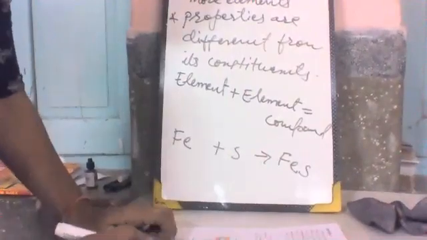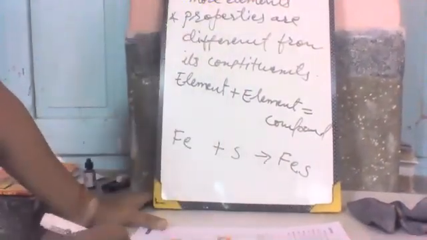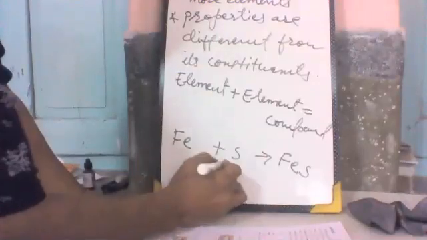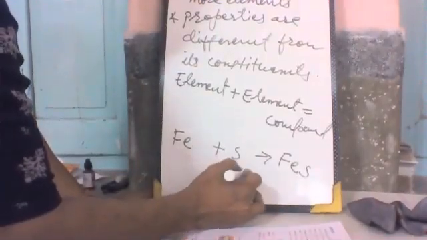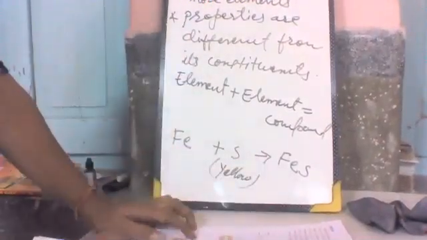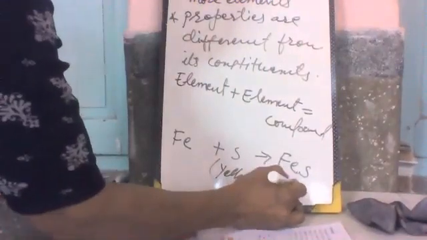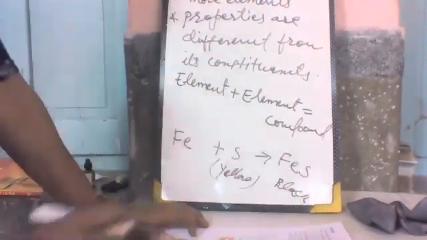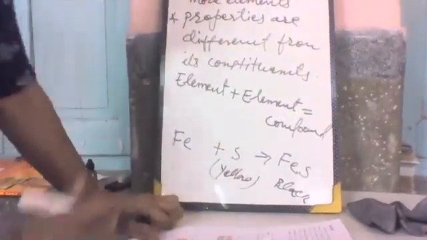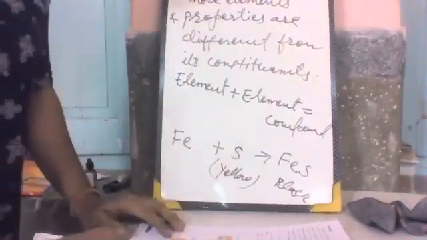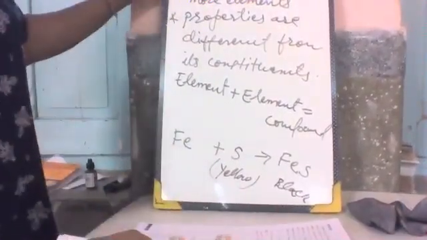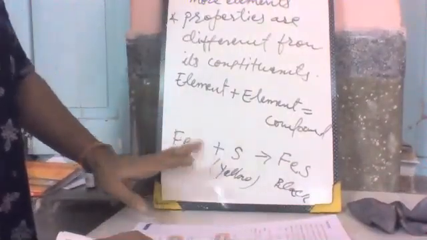Iron is brownish and blackish in color, but sulfur is yellow in color. The formation of FeS, iron sulfide, is black in color. The yellowish color of sulfur is not here. We are not finding the yellow color of sulfur. It's a pure substance formed by two or more elements.